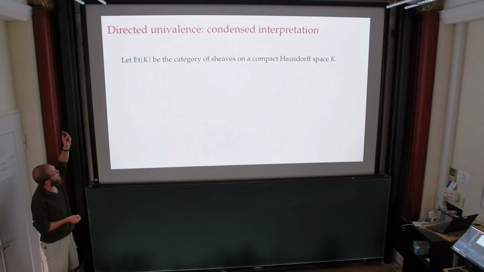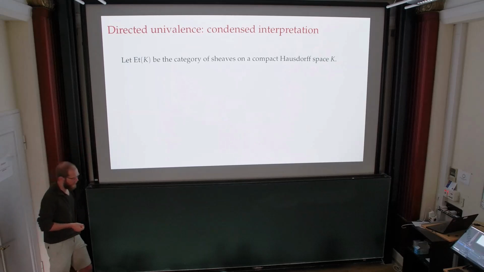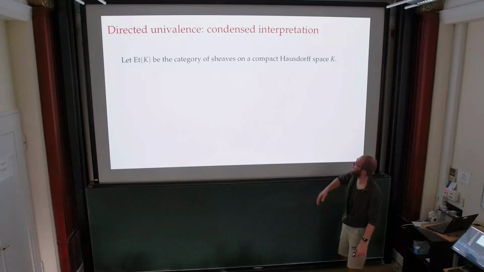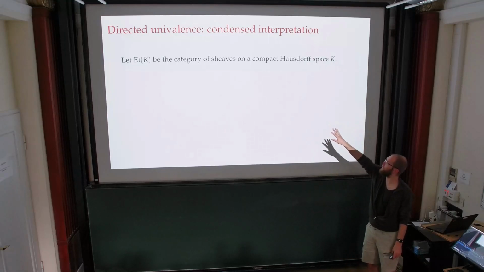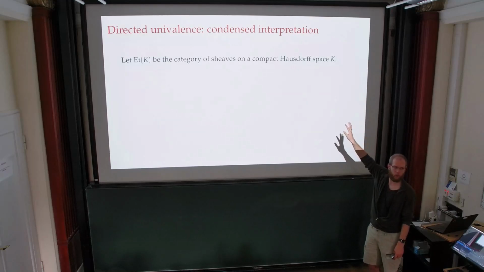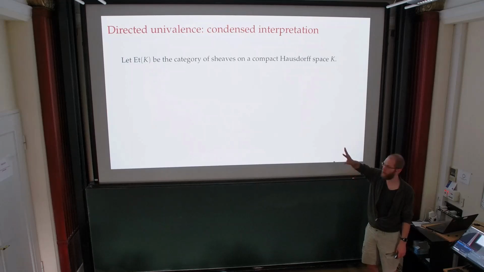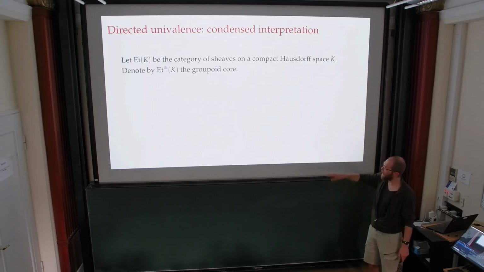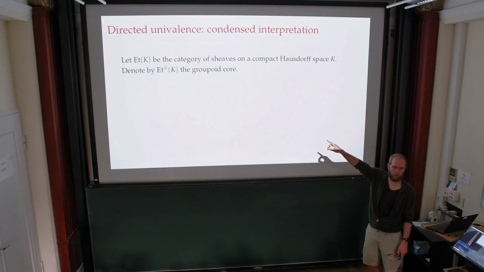So we take the category ET over K, and really we just mean ordinary sheaves on a compact Hausdorff space K. For every K, we look at the ordinary category of sheaves, so we don't take the condensed slice over K, just ordinary sheaves on K. Okay, and then we take the groupoid core of this category for every K. And this gives you two stacks.